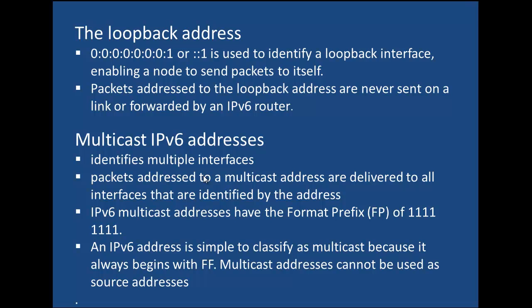This means that the packet can be delivered to all the interfaces that are identified by that multicast address. The format prefix for the multicast address is easy to remember because it begins with FF. You cannot use the multicast address as a source address.